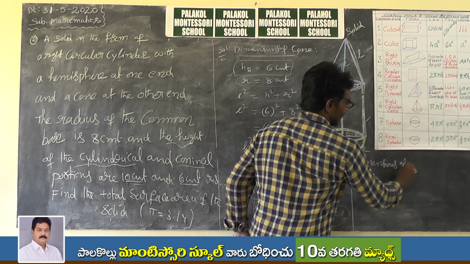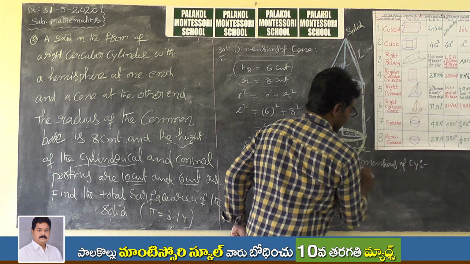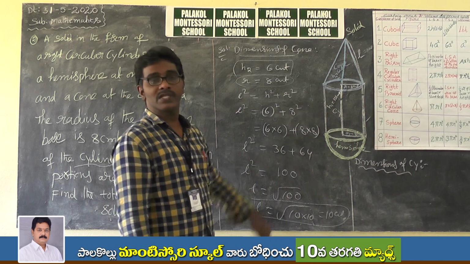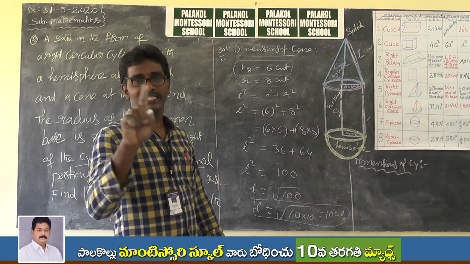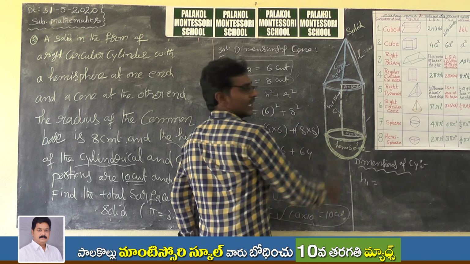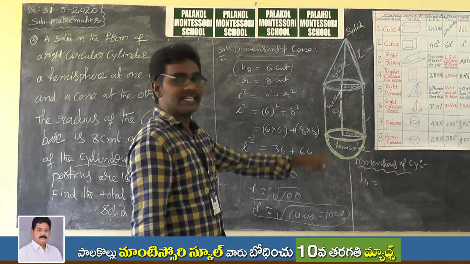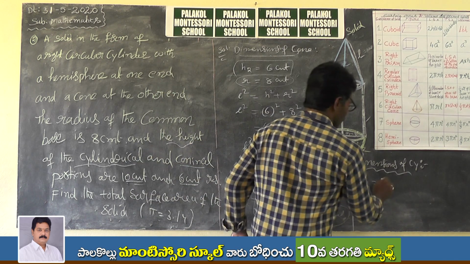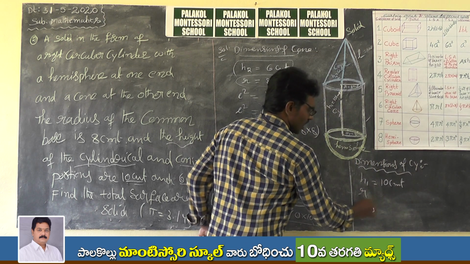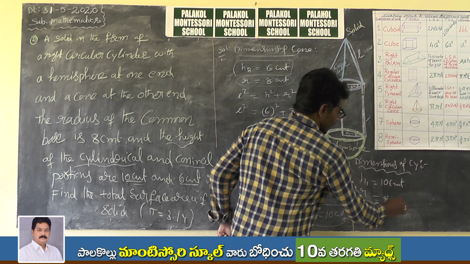See the figure? H1 represents the height of the cylinder. So H1 is equal to 10 centimeters. Radius R is equal to 8 centimeters.